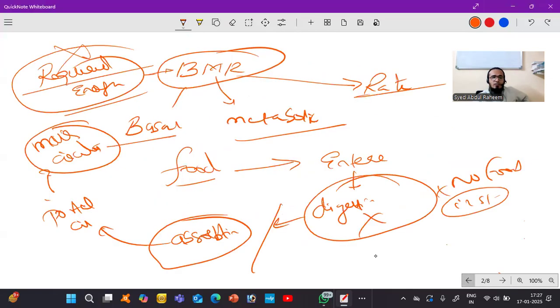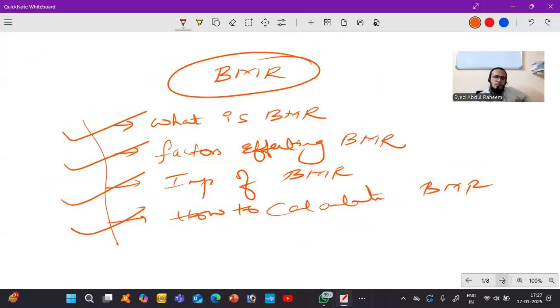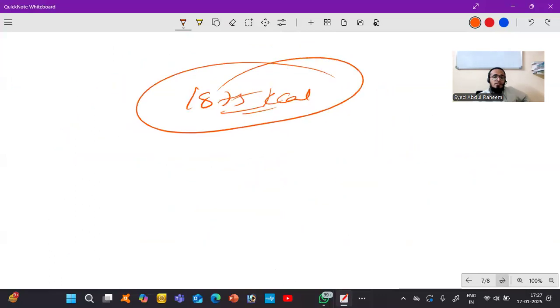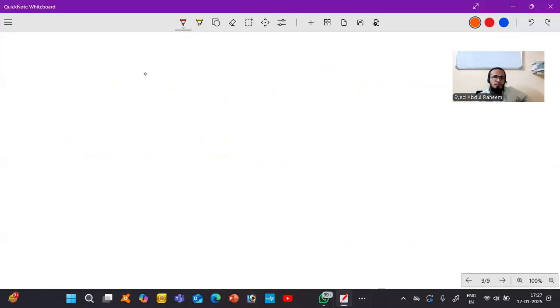Now, how to calculate BMR? How many calories does our body require? We have a formula. First, I will show you the formula, but it is not 100% accurate.